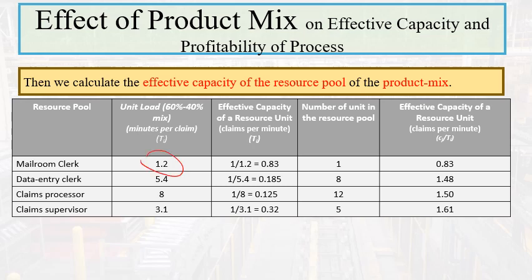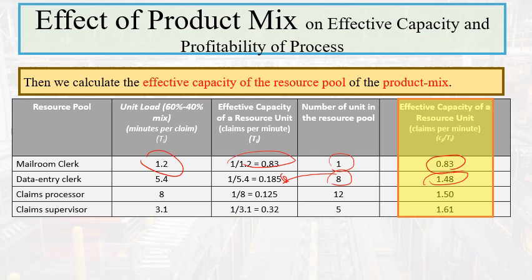This is the unit load. This is for the resource unit. Then we multiply it by 1. So we get an effective capacity of 0.3, while we multiply this one by 8, because we have 8 units within that resource pool, and we get 1.48, and so on.